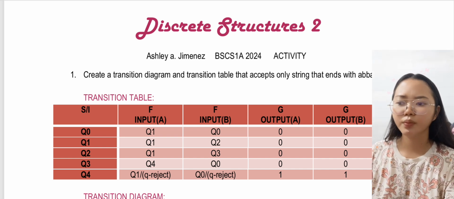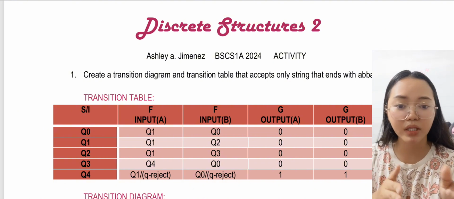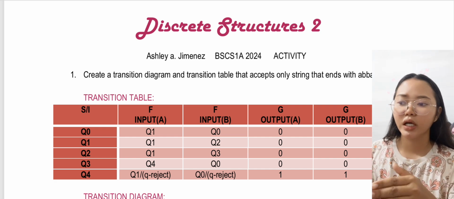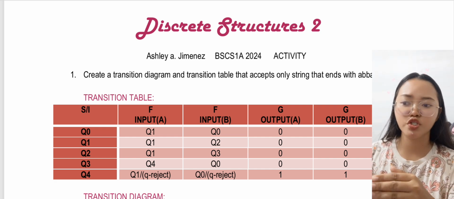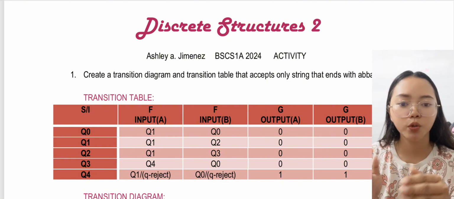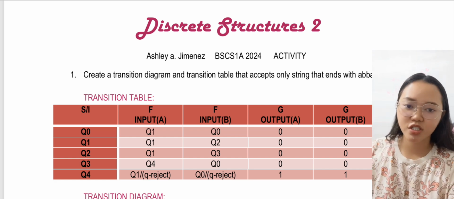Think of the machine like this: it keeps track of recent inputs. If it sees ABBA in that order just before the end, it transitions through states Q0, Q1, Q2, Q3, and Q4.